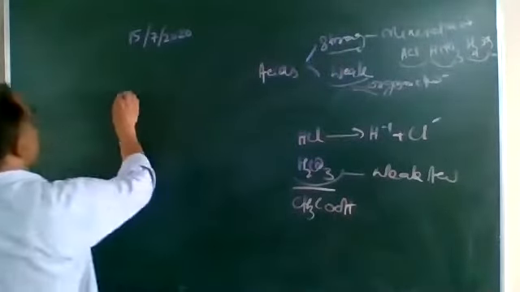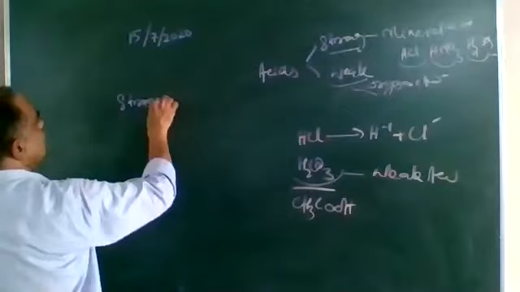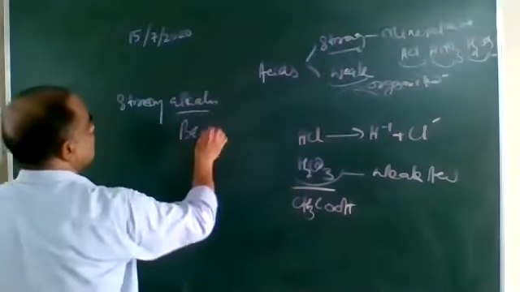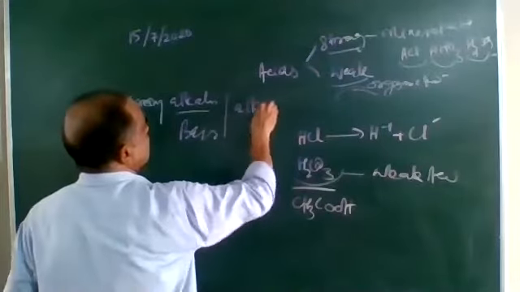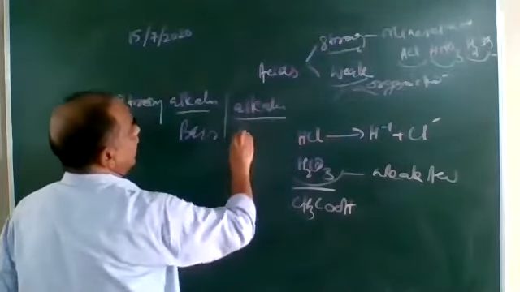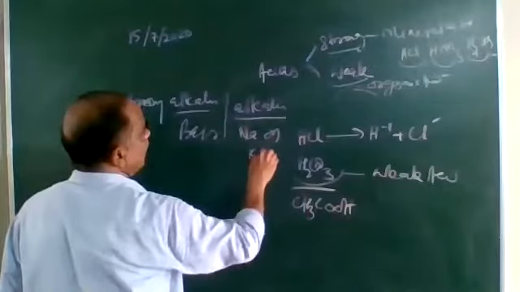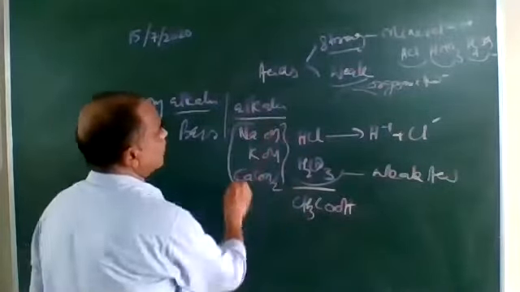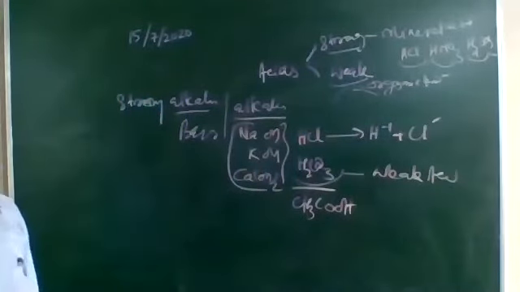Similarly, strong alkalis or strong bases, soluble bases are known as alkalis, like NaOH, KOH, calcium hydroxide, etc. These are a few alkalis we are studying.